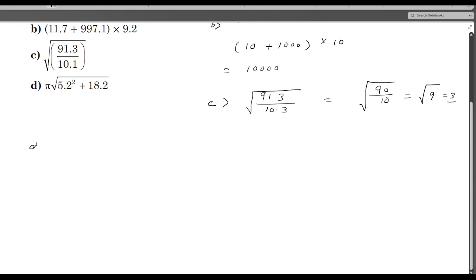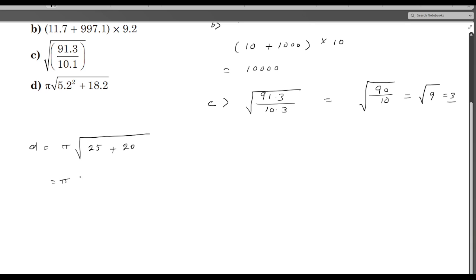And D, it is pi root of 5.2 square plus 18.2. 5.2 square is 5 square, which is 25, plus 18.2 we can consider 20.